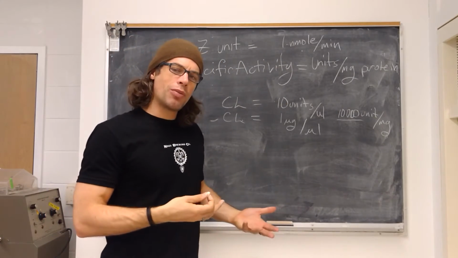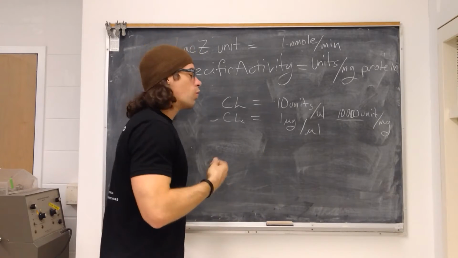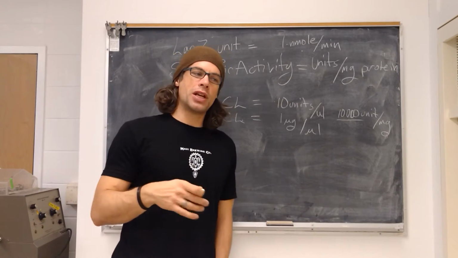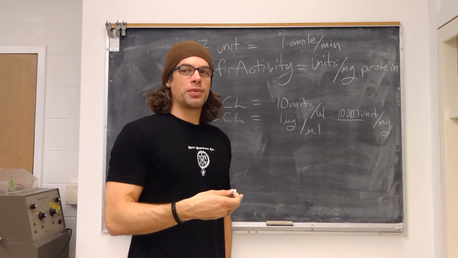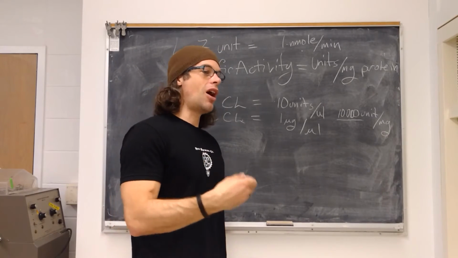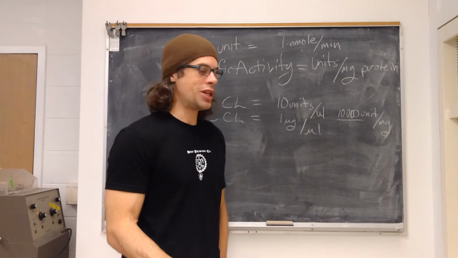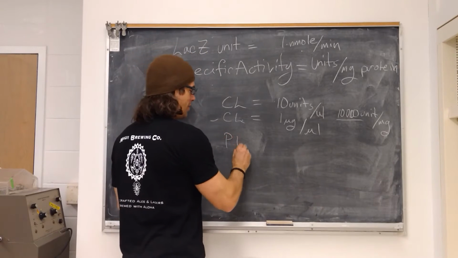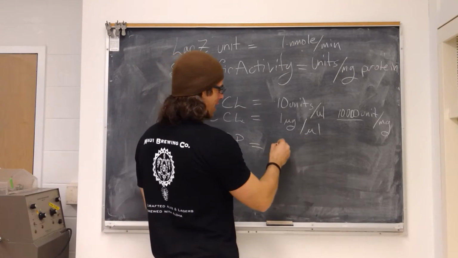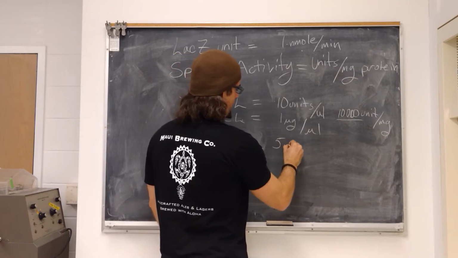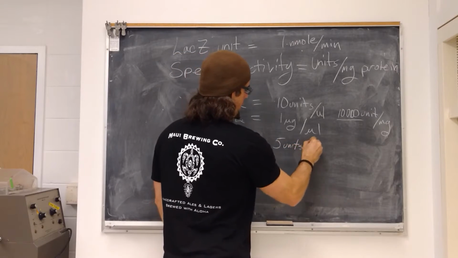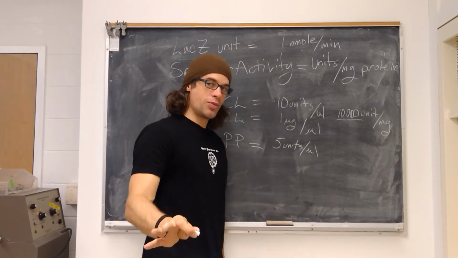Let's do the same example using your purified protein. What we're hoping is, with your purified protein, you will have lost some of your units, but hopefully you will have lost a lot more of the extraneous protein. So you might find from your purified protein that you have 5 units per microliter. Again, your values may be different.